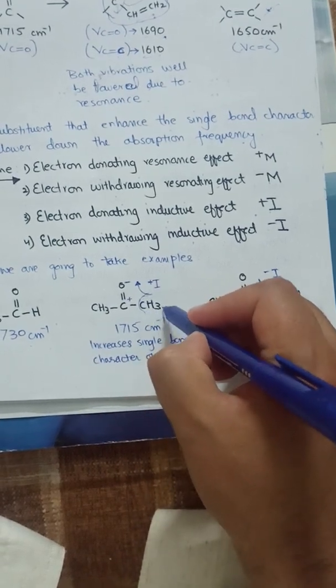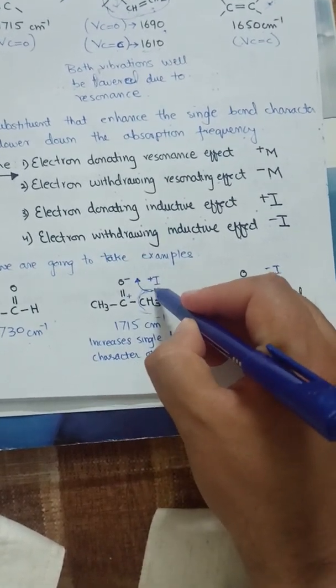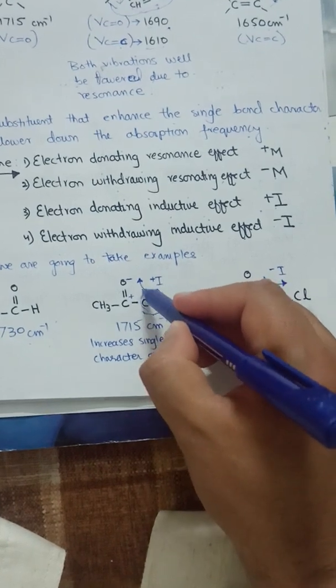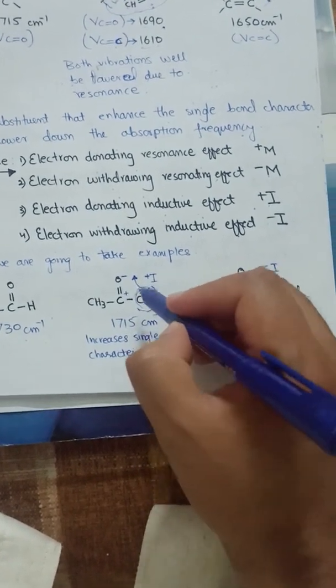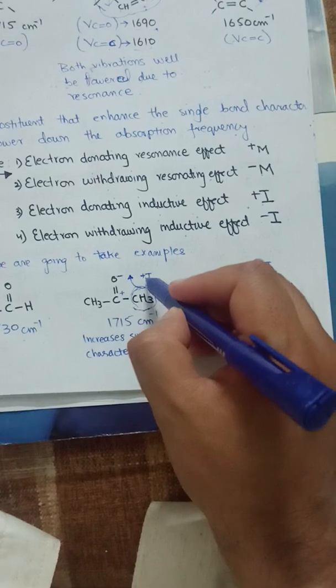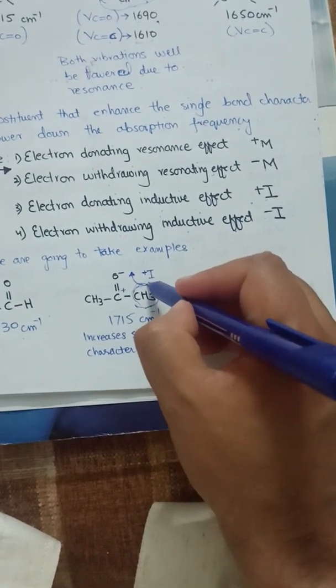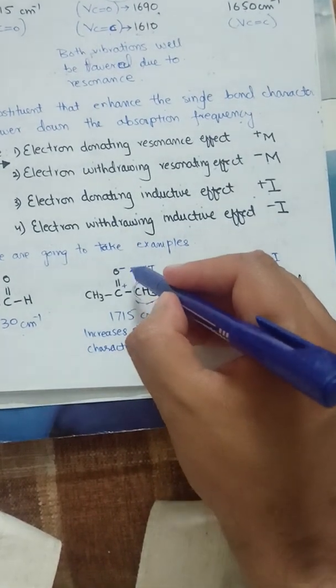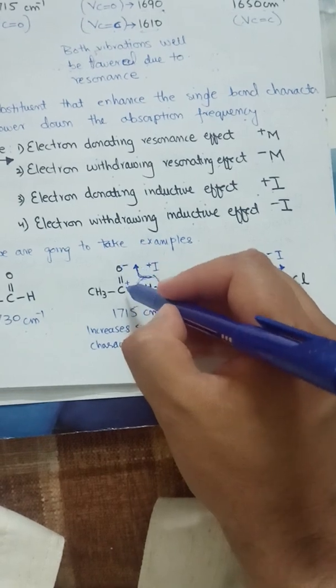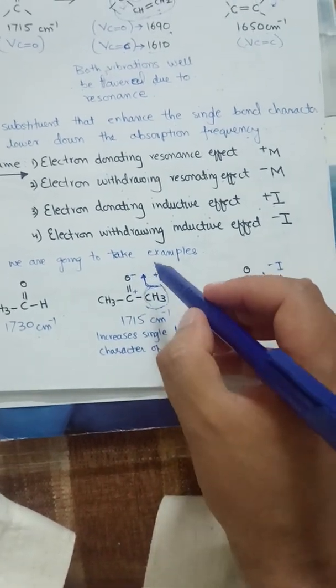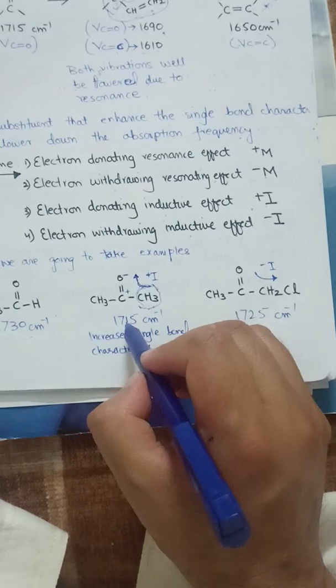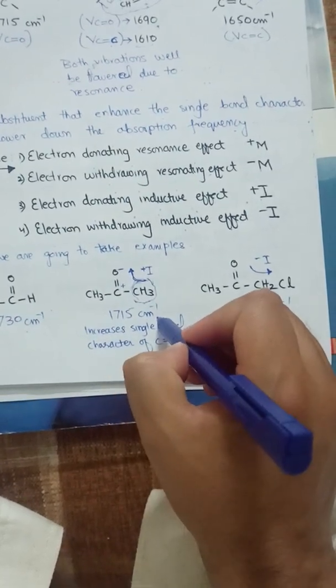This methyl group or alkyl group, due to hyperconjugation, has an electron donating inductive effect. So it is represented with plus I. It enhances the single bond character of this bond. For this reason the absorption frequency is decreased or lowered.